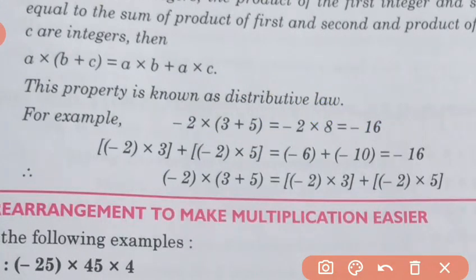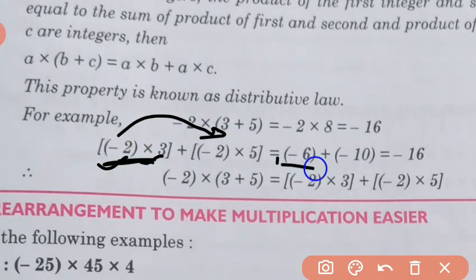Now a into b plus a into c. So a is minus 2, b is 3. Here, according to BODMAS rules also, first we multiply, then we add. So minus 2 into 3 plus minus 2 into 5. So minus 2 into 3 is minus 6, plus minus 2 into 5 is minus 10.